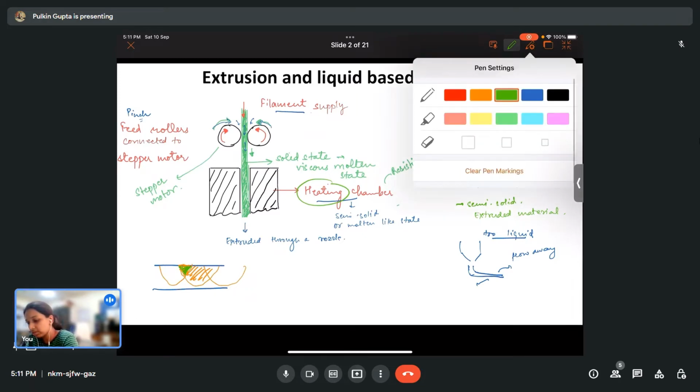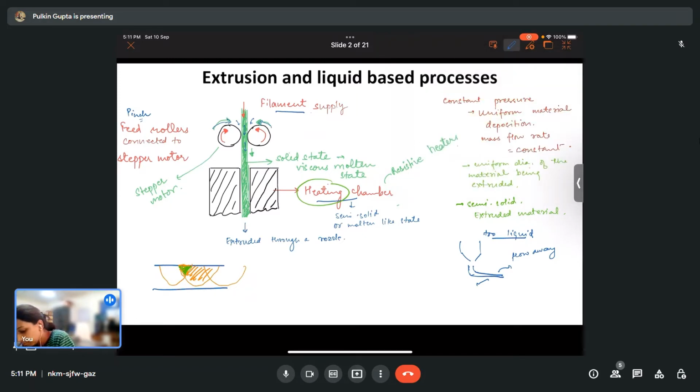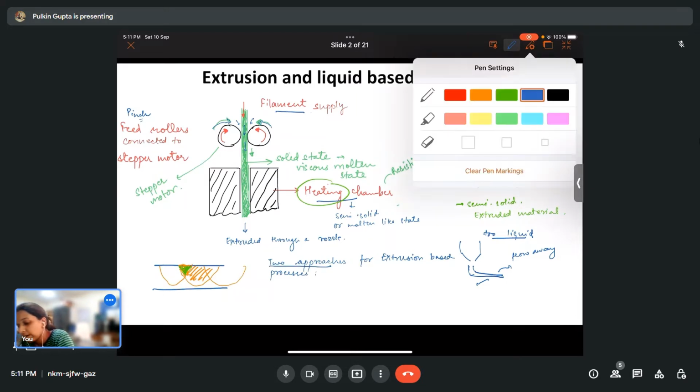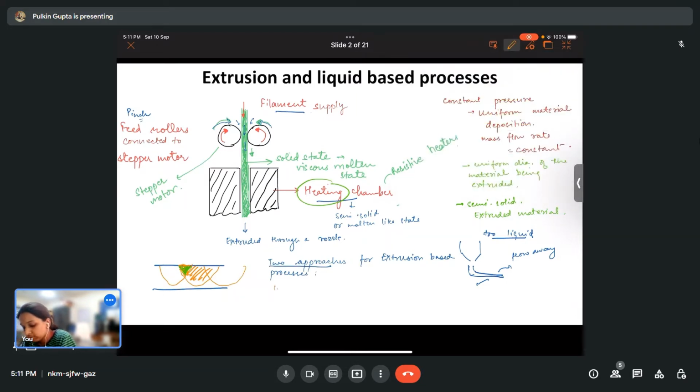So basically, you have two approaches for extrusion based processes. Okay, two approaches. Now, what are those two approaches? First, what was the first?